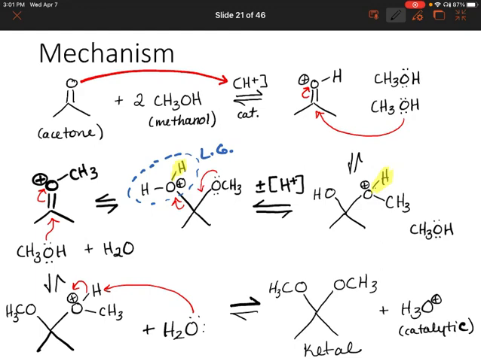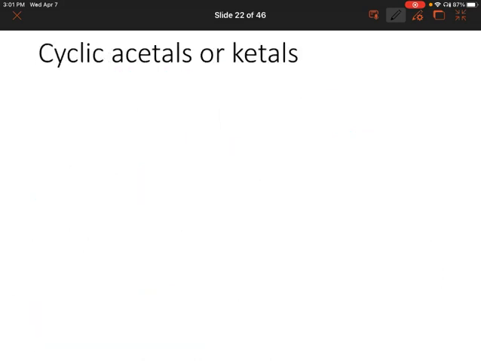Okay, now instead of using these separate alcohols, what if the alcohols were connected to each other? So let's use acetone again. And this time we're going to react it with something called ethylene glycol.